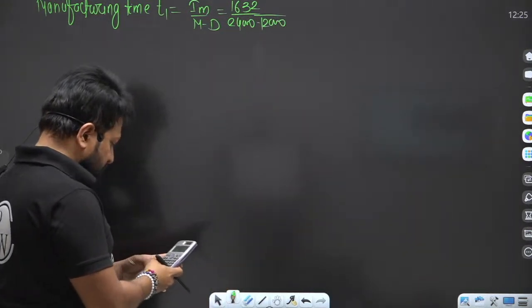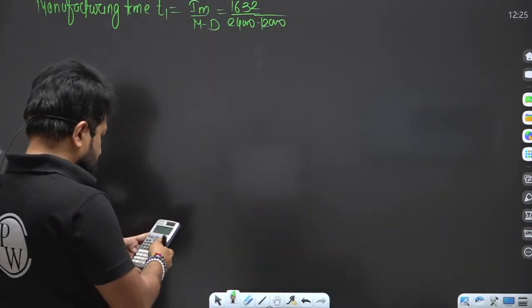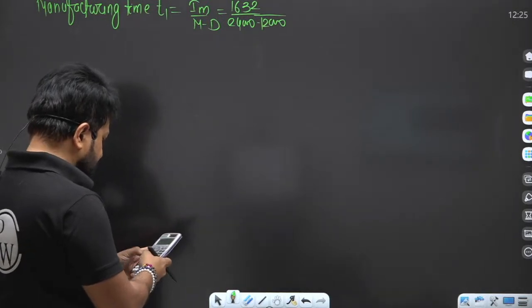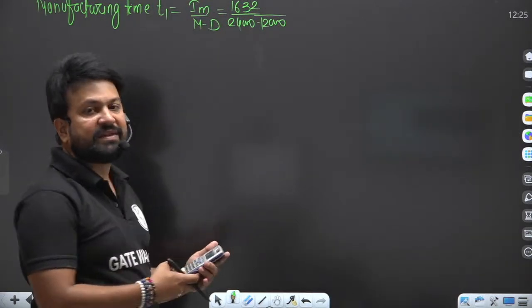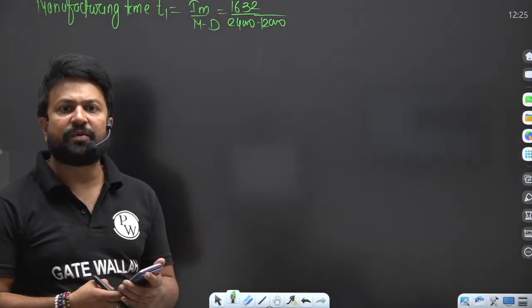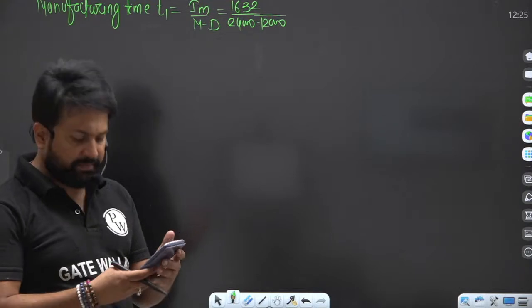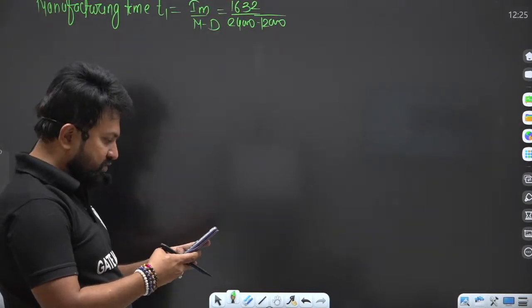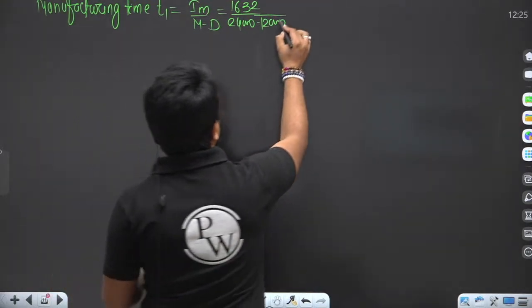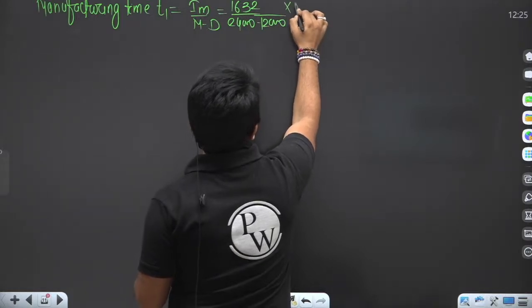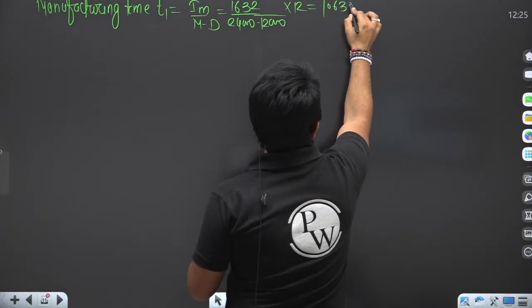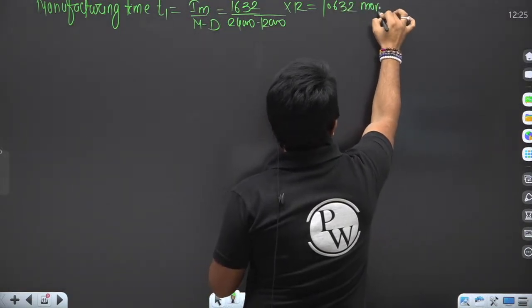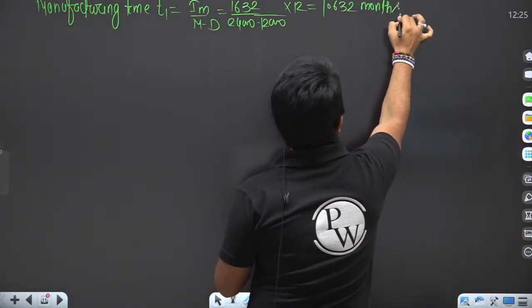So 1632 divided by 12,000 is 0.136, but that is in years, so multiply by 12 and you get 1.632 months. This is the month.